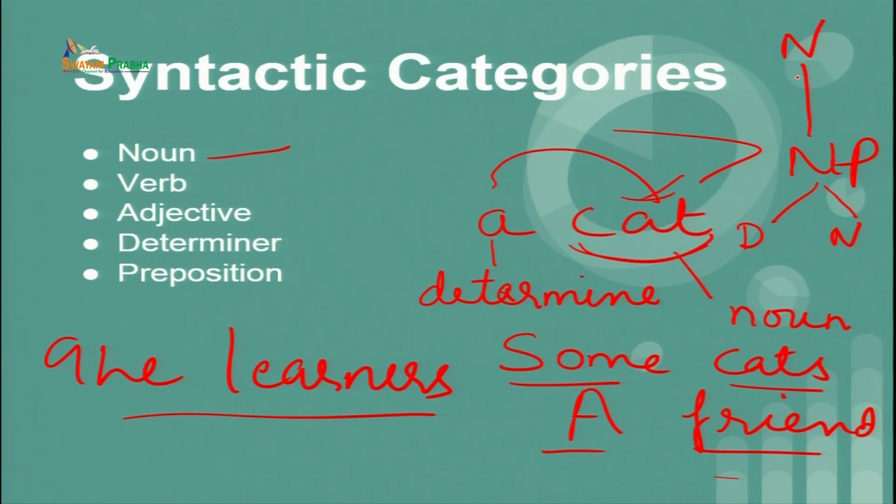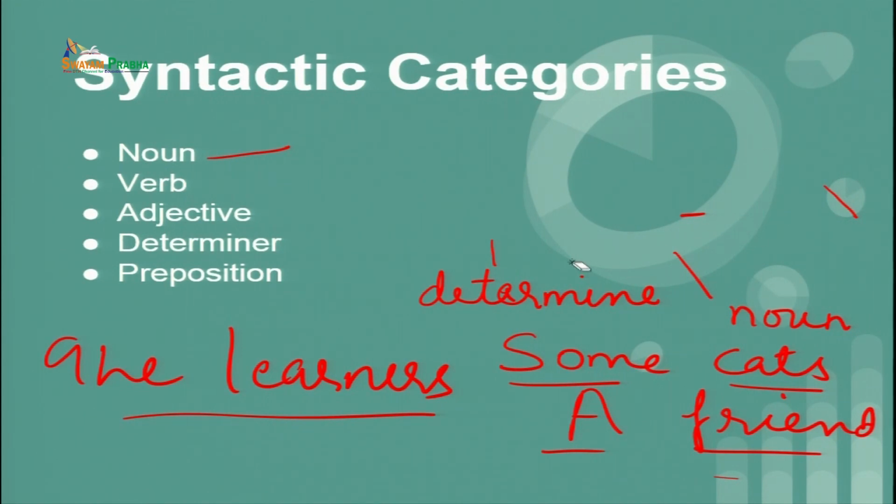Now, coming to the verb, it basically refers to the unit which comes after the auxiliary. Auxiliaries are will, shall, should. Let's understand with examples.